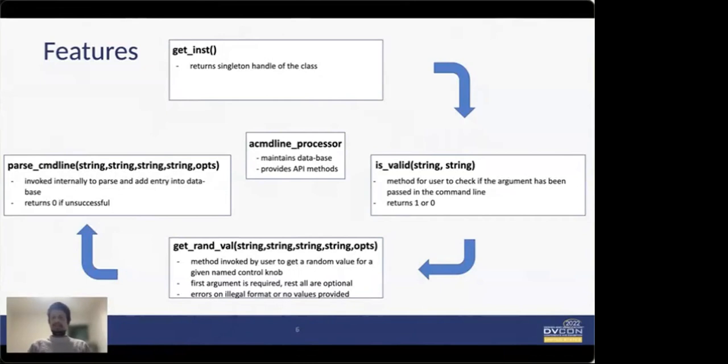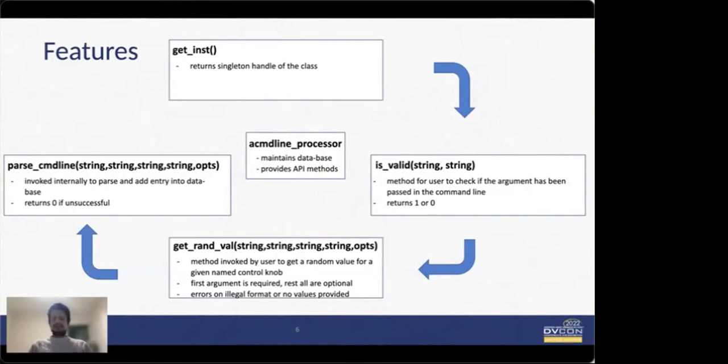Each of them is described well in the paper. Please refer to the paper to know what each of these arguments are. Essentially, only the first argument is required, which is the string to match the name of the control knob which the code is looking for, versus the name of the control knob provided in the command. The rest are all optional, but super useful.